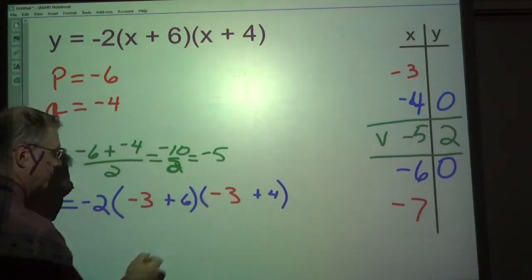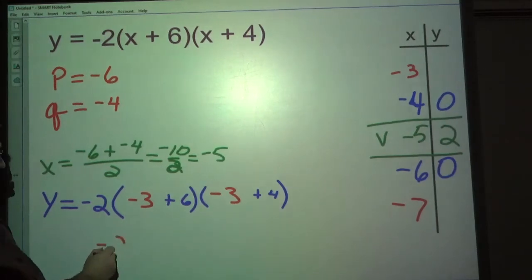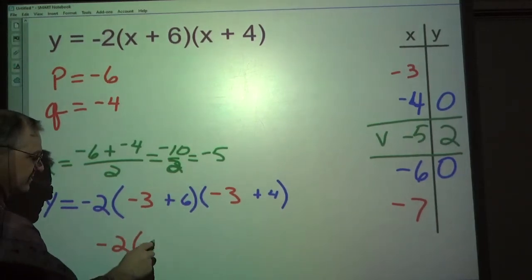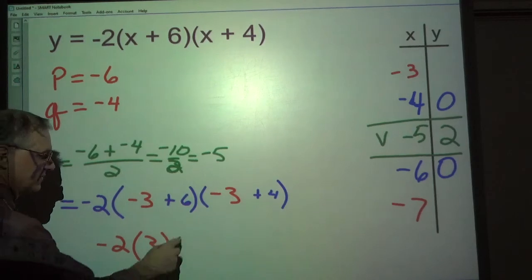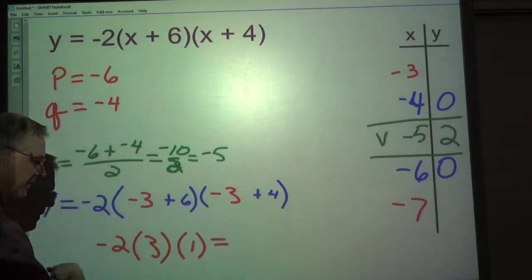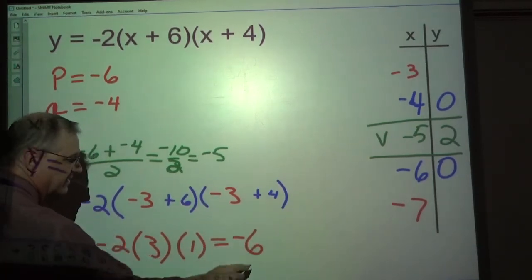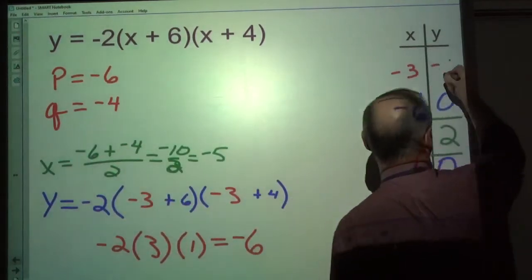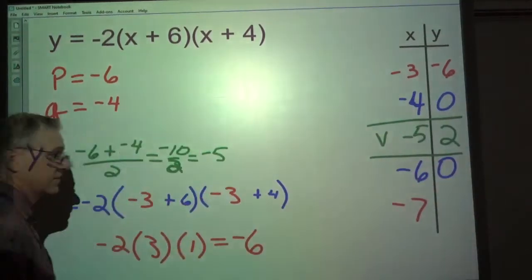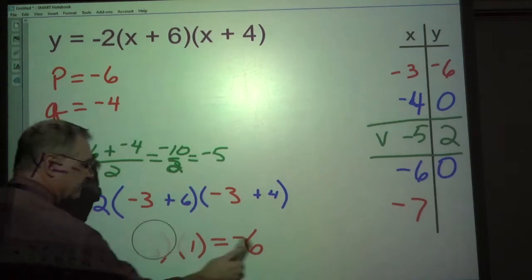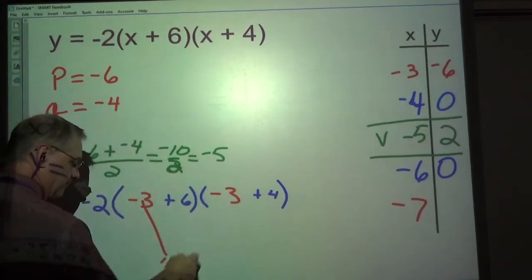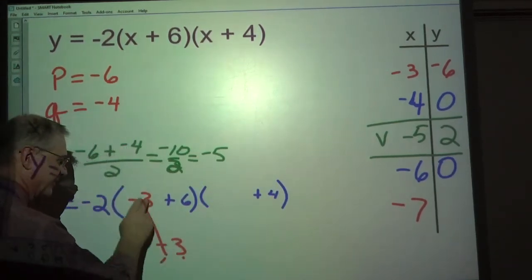Negative 3. Negative 3 plus 6 is 3. Negative 3 plus 4 is 1. And when I multiply these together, I get negative 6. We should get the same thing when we plug in negative 7.